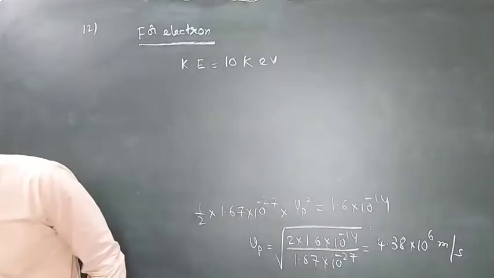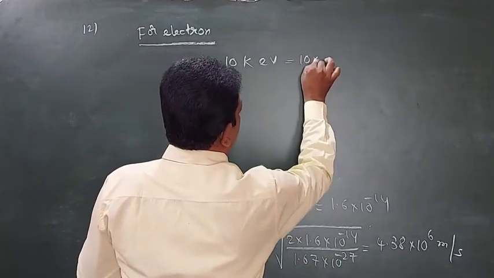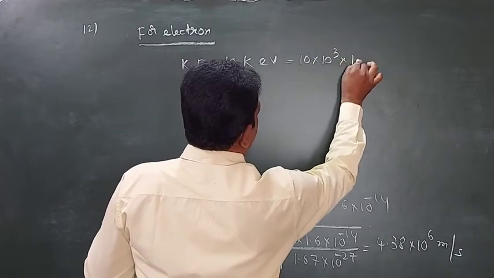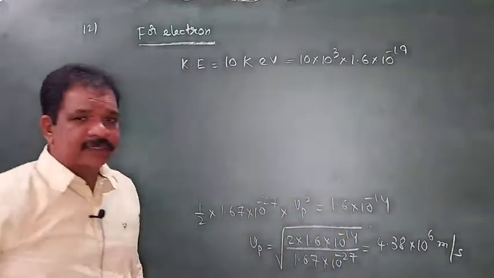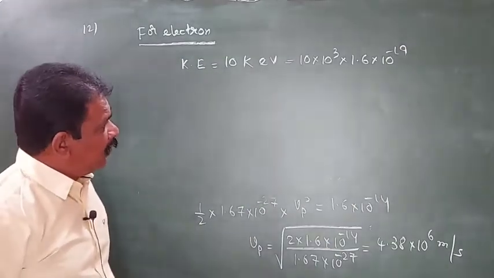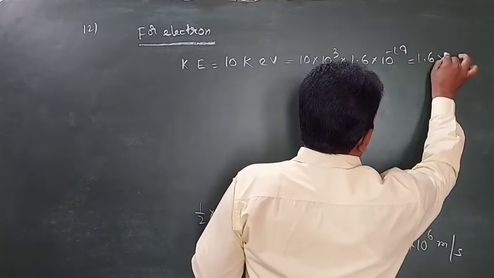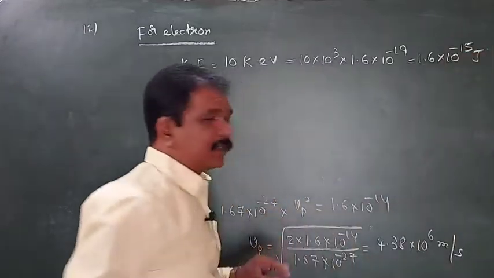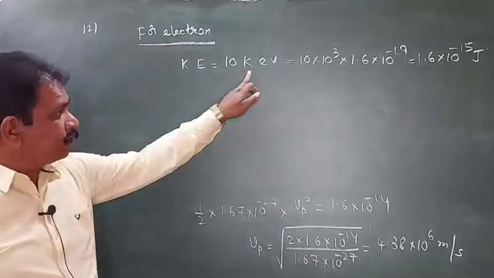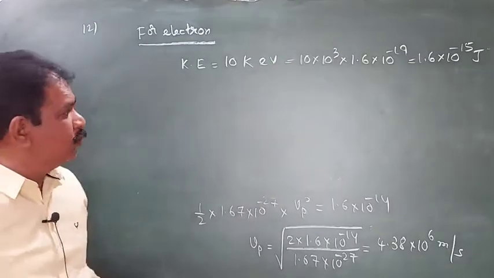So convert this: 10 into 10 cube electron volt, with the electron volt value 1.6 into 10 power minus 19. If we calculate this, we get 1.6 into 10 power minus 15 joules. This kinetic energy value we are converting into joules.